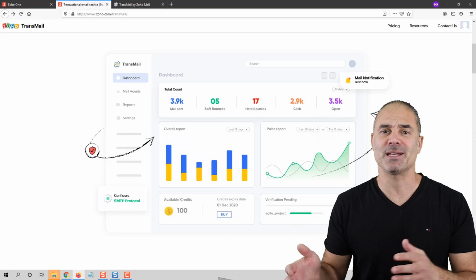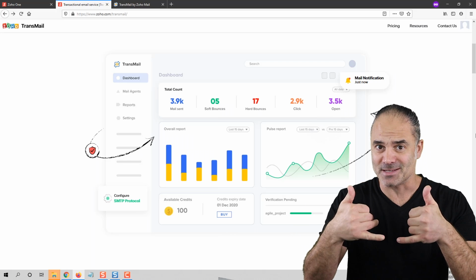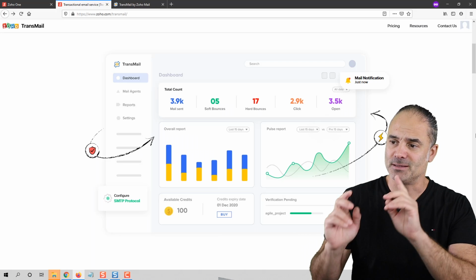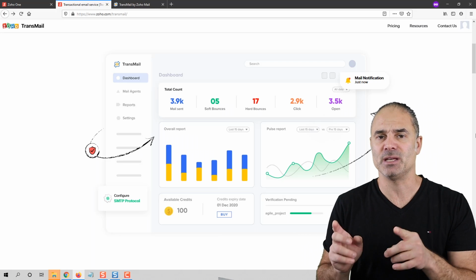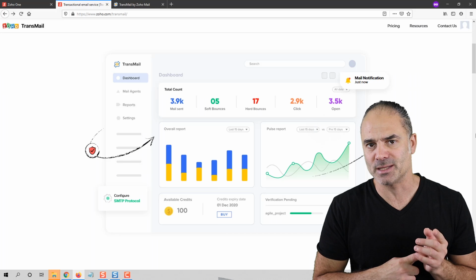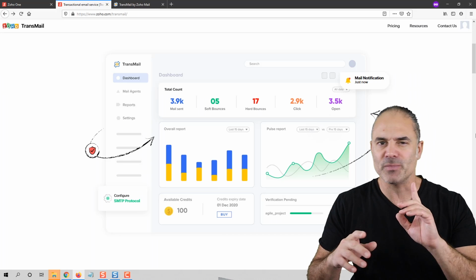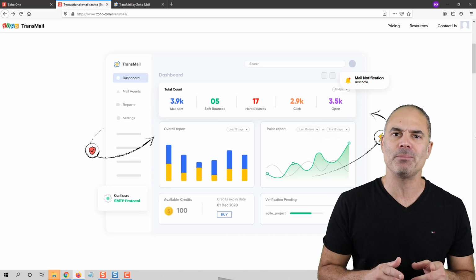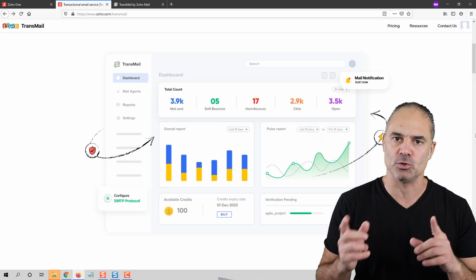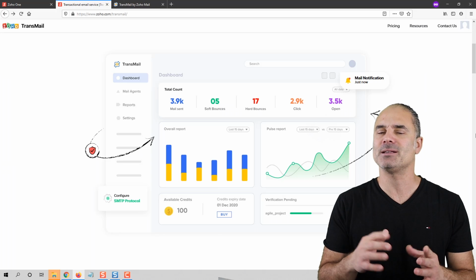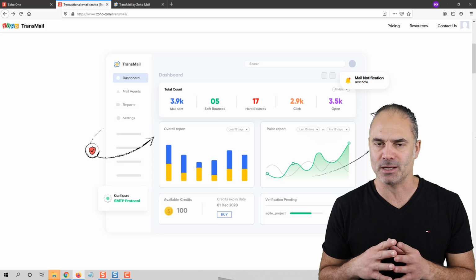One more thing that makes this whole thing a very nice deal is that this service improves the deliverability. Now, I know you probably think, you know what? If I can do that, I will probably be able to send mass emails and do some marketing. And the answer is no, it will not help you with marketing.